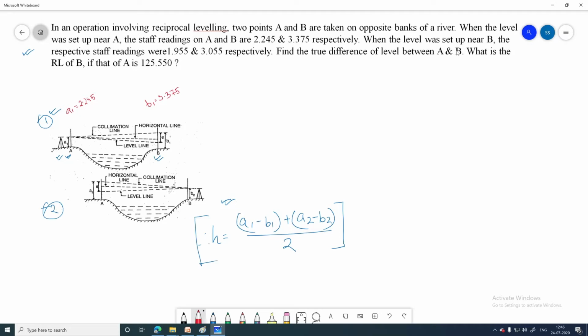Now when the level was set up near B, you can see the instrument station is shifted to near point B, and the respective staff readings are 1.955, that means A2 becomes 1.955, and B2 becomes 3.055.